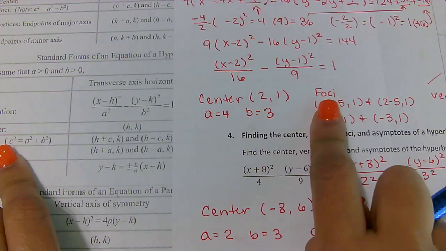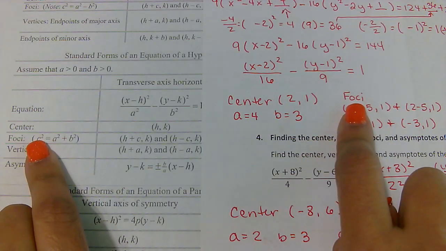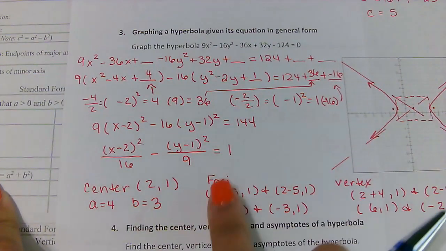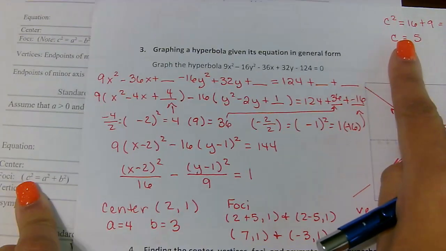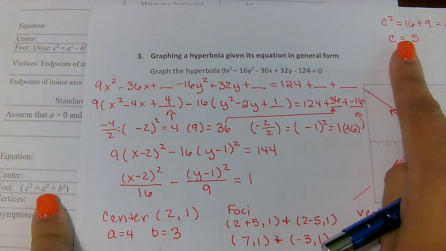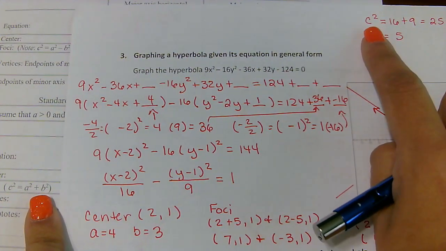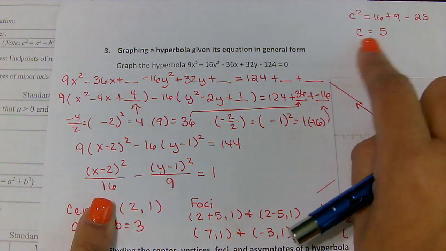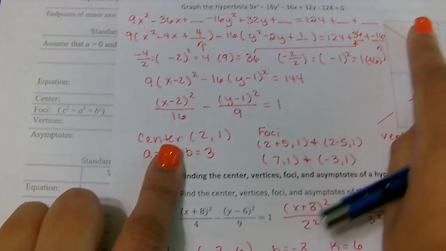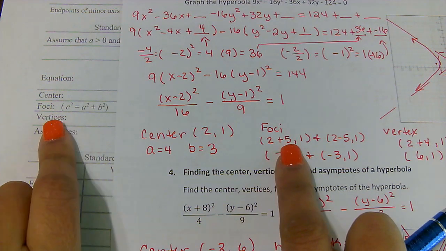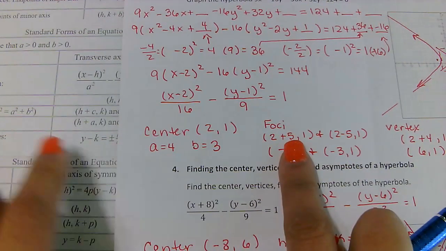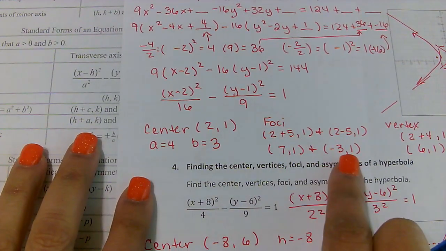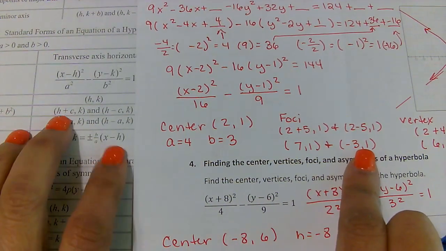To find the foci, we need to determine what our value c is. So I did that up here. c squared is equal to a squared plus b squared. So c squared is equal to 16 plus 9. So c is equal to 5. In order to do these equations, I went ahead and wrote it out, and then I simplified it on the second line.